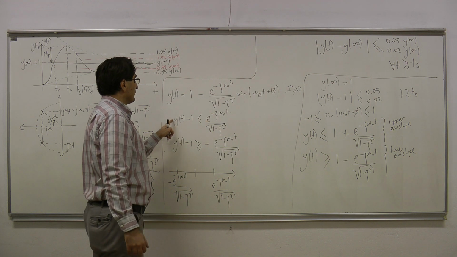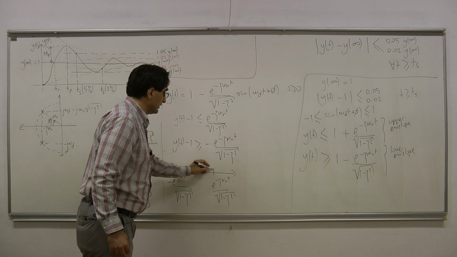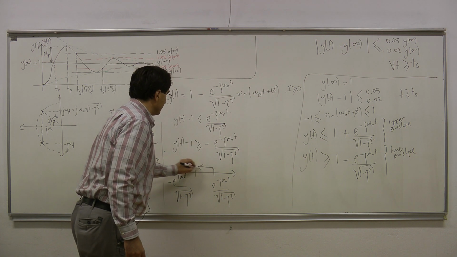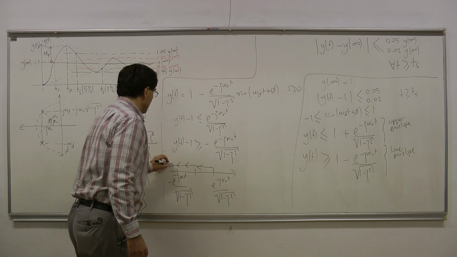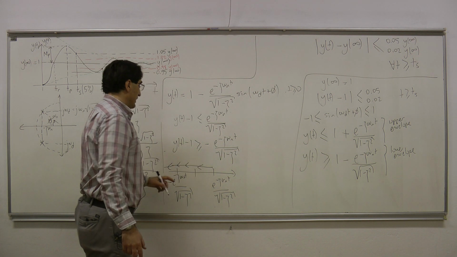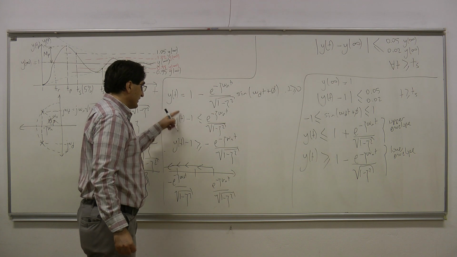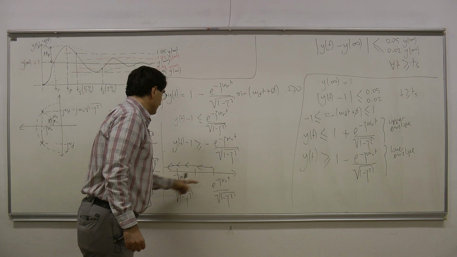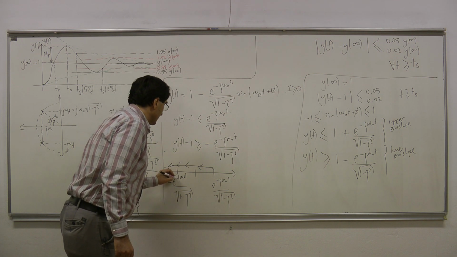It tells us that y of t minus 1 is smaller than this positive number. So the first equation tells us that our number y of t minus 1 should lie in that region. And what about the second equation? The same number should be larger than or equal to the negative of the same number. Okay?